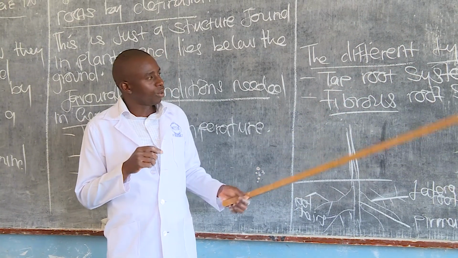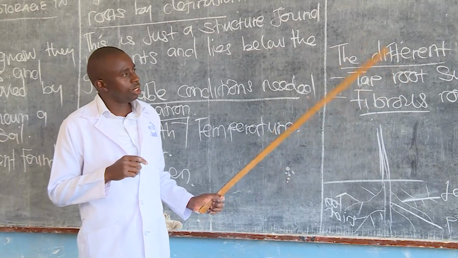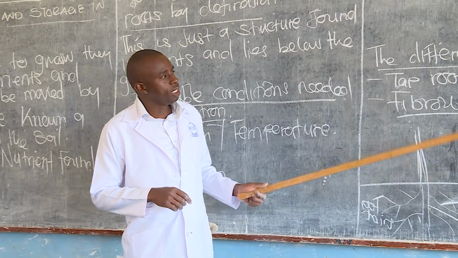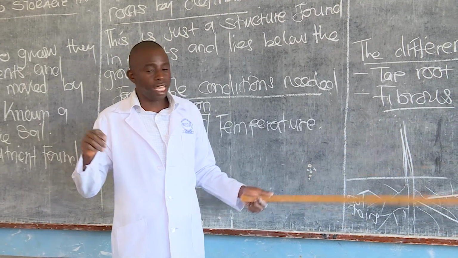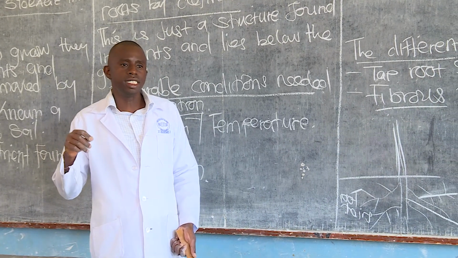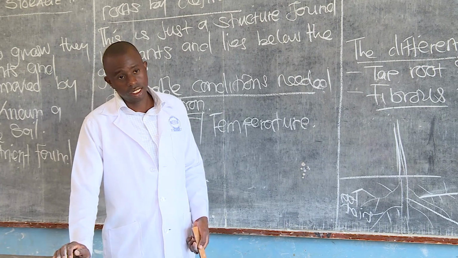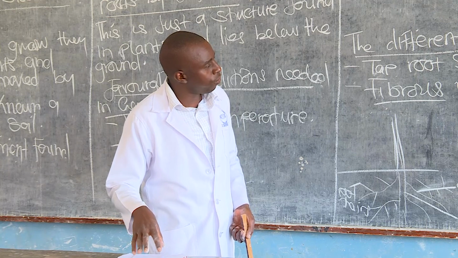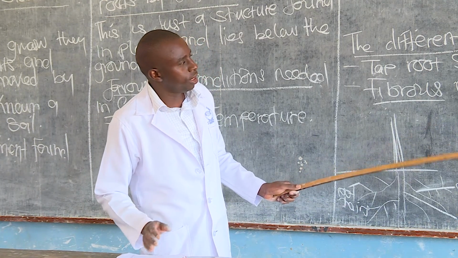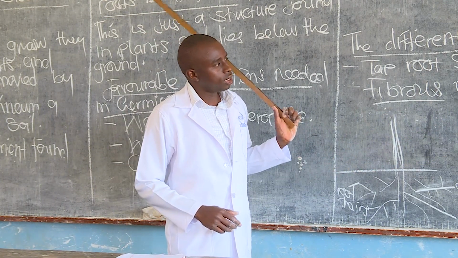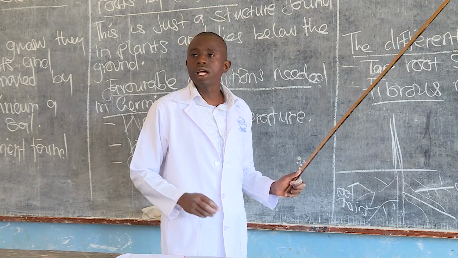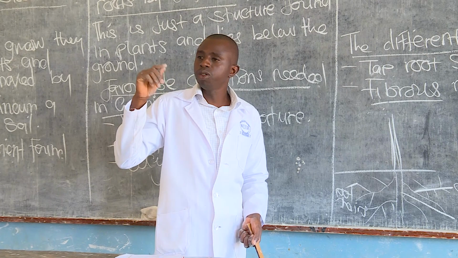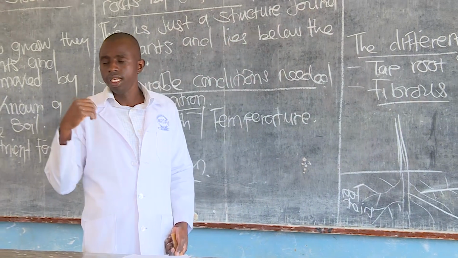So, looking at what I've just explained here, using the worksheets that have been provided, I want you to examine these root systems using the hand lenses and state their differences. And then answer those 4 questions on the same worksheet. Afterwards, I'll ask one from each group to come and present only one question from those 4 questions which you have been given.